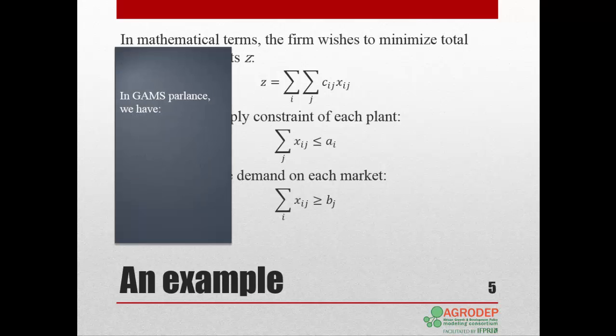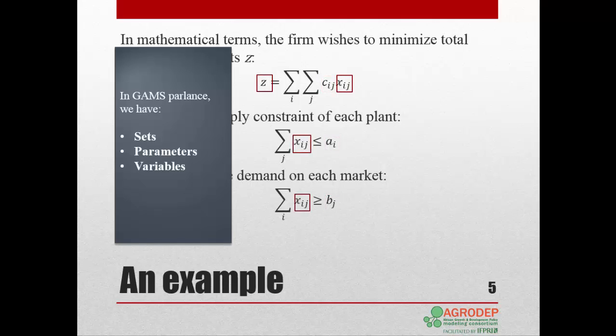In GAMS terms, sets represent the plants and the markets, I and J, used as indices in parameters and variables. Parameters represent exogenous values that are known or given, such as the unitary cost of transport Cij, the plant capacity AI, and the demand in each market Bj.